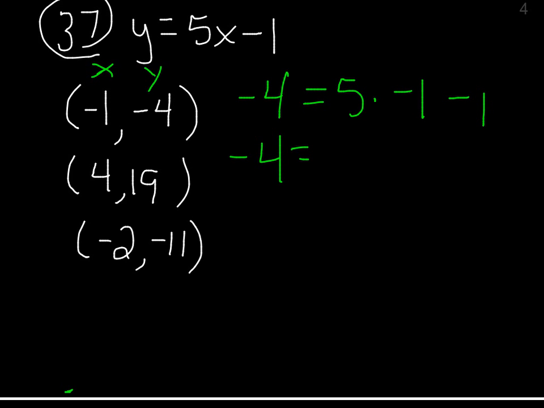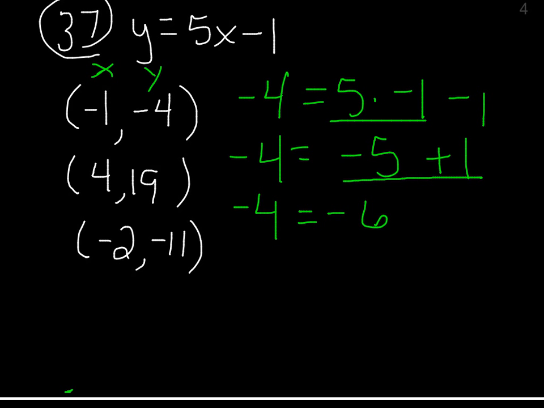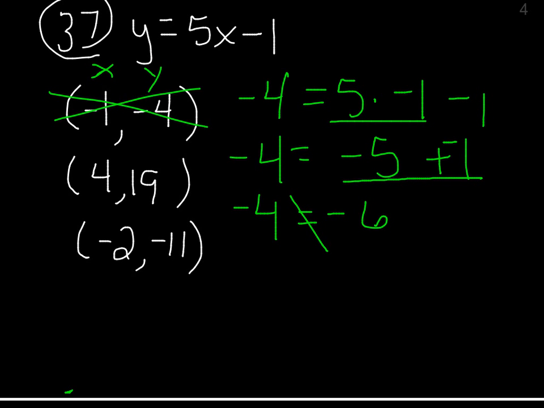And 5 times negative 1 is negative 5 minus 1. And here we have signs are the same, so we're going to add and keep the same sign. You can also think of that negative 5 minus 1 as negative 5 plus a negative 1, and then you can really see that you're going to add. And since negative 4 does not equal negative 6, this one is not a point on the line.